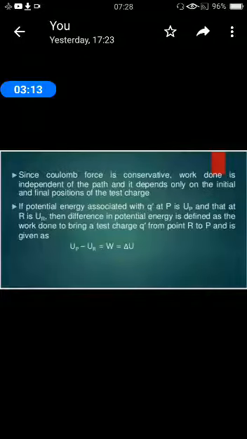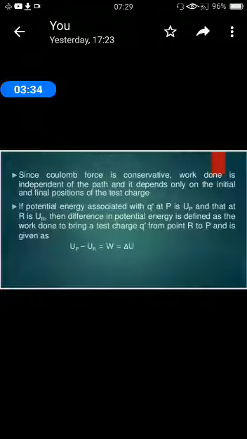Like gravitational force, Coulomb force is also a conservative force. Earlier we learned what is meant by conservative force. That is, the work done is independent of the path and depends only on the initial and final positions of the test charge.